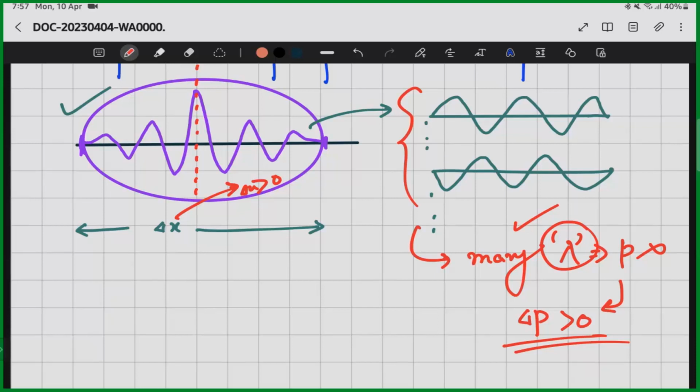Experimentally we have also studied that it can be verified for an electron given some potential. For that electron we can measure the de Broglie wavelength, and the experimental check showed that the de Broglie hypothesis is correct.